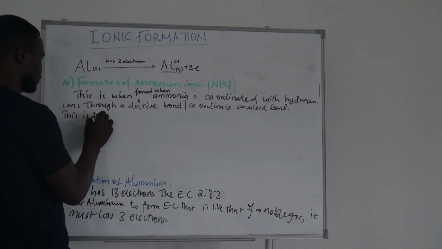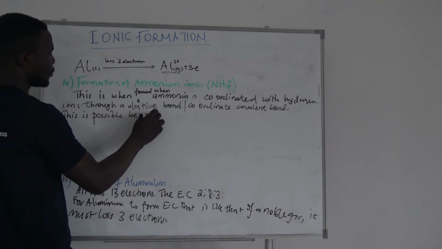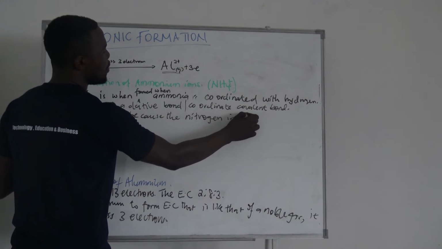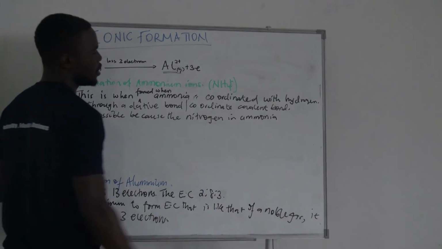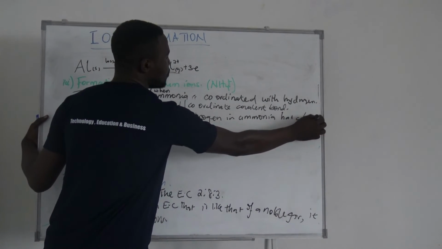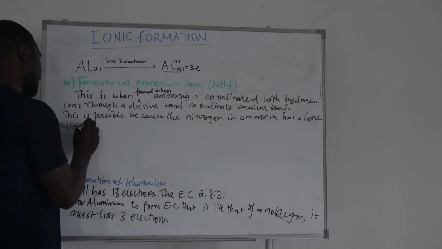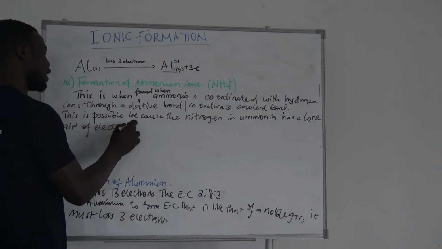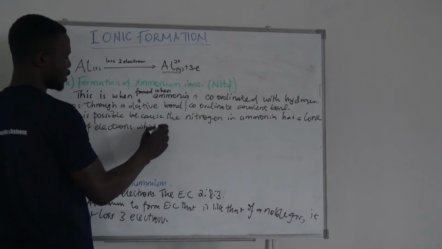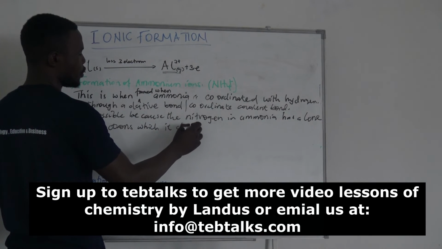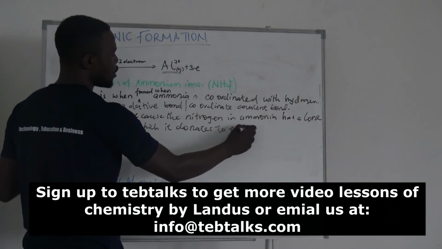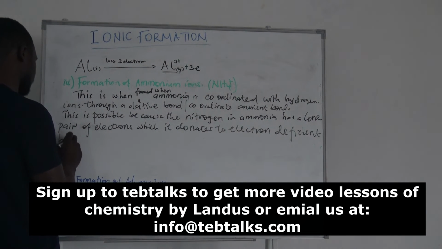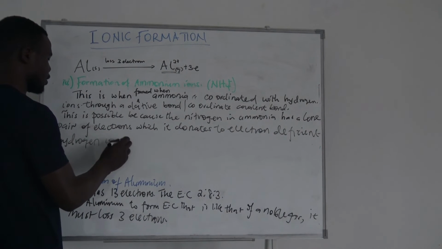How is this possible? This is possible simply because the nitrogen in ammonia has a lone pair of electrons, which it donates to the electron deficient hydrogen ion.